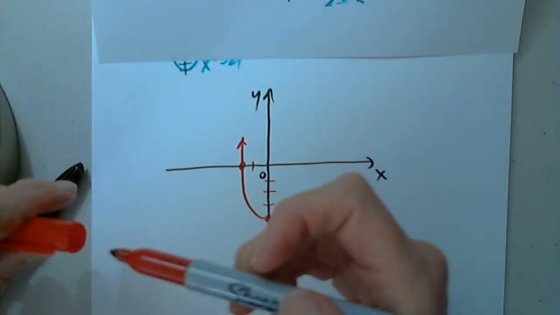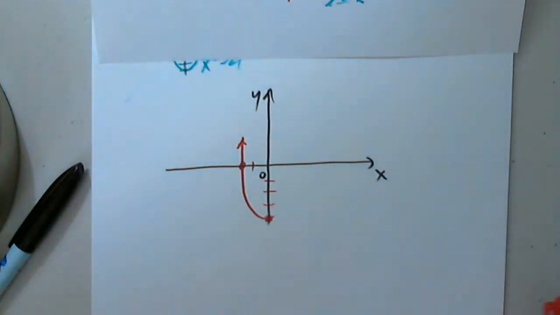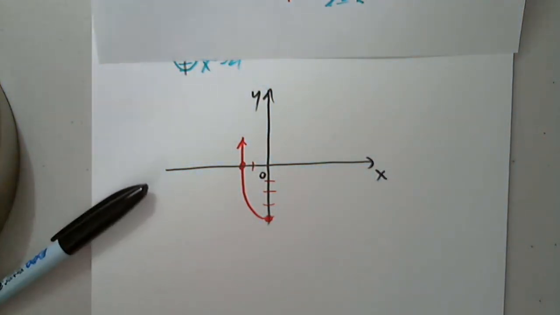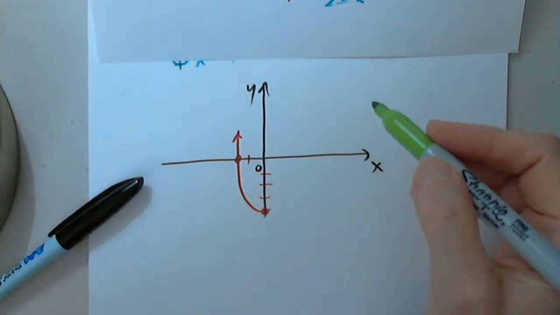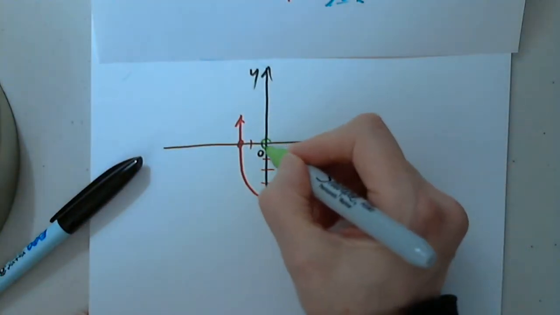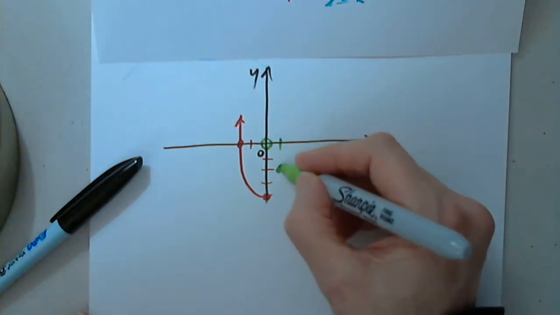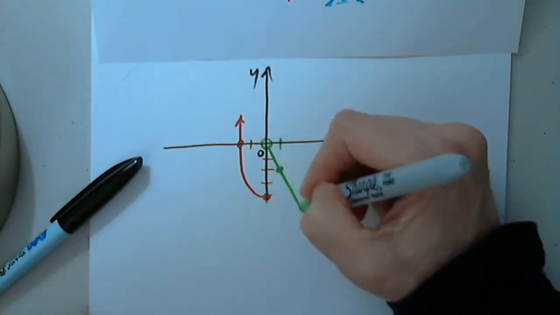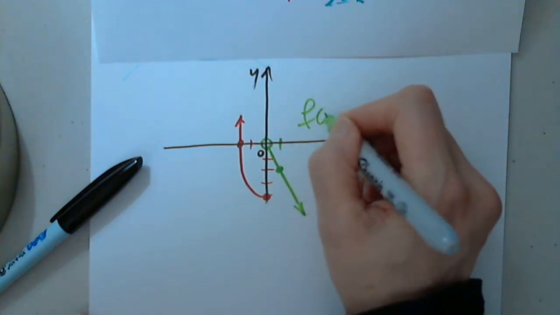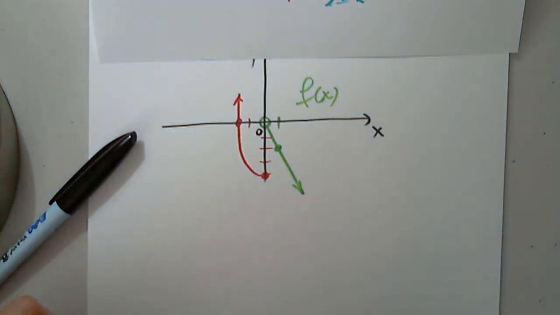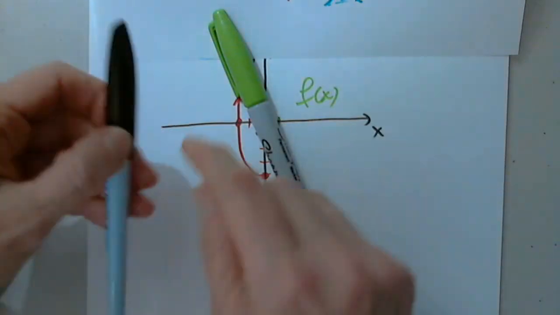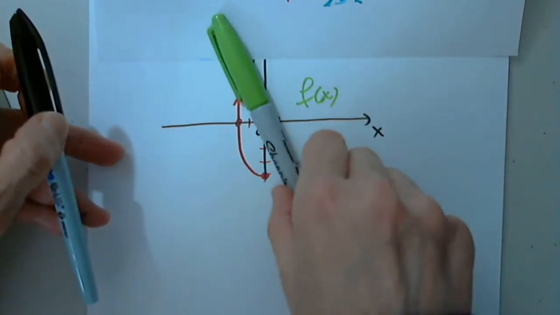Done. Notice that I use the color for the left branch of this function, and I'm going to use a different one for the right branch, so it starts at the open point 0, 0, and 1, negative 2, in the hope that I will not see, so this is our f of x, something like this, and the quadratic function on top of it.